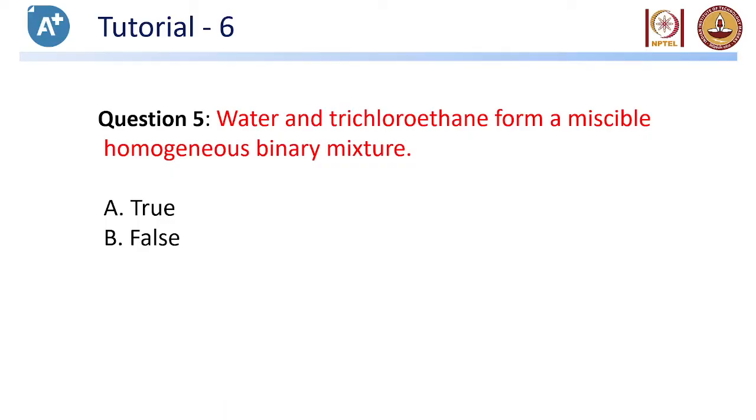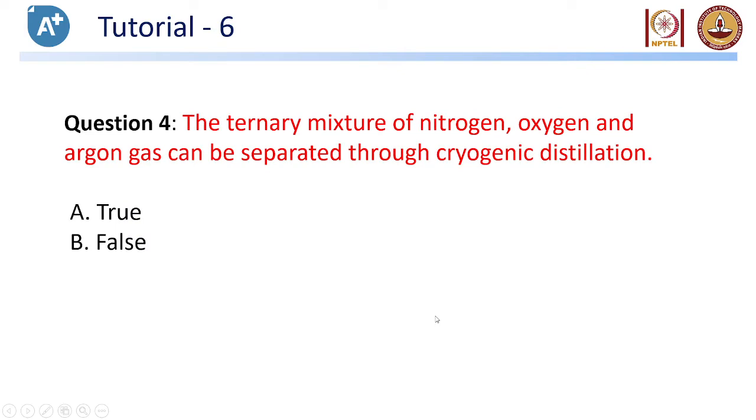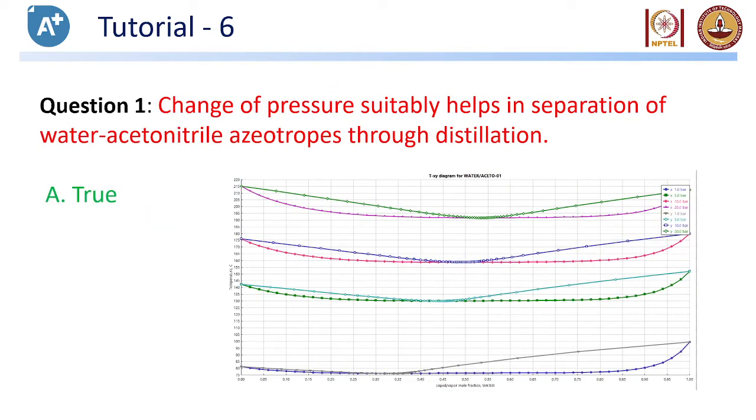A few minutes ago, one student was asking for an example of a heterogeneous azeotrope. Water and trichloroethane actually form a heterogeneous azeotrope, so the answer is false. The shape of the TXY diagram for a heterogeneous azeotrope will be of this sort, while the homogeneous azeotrope I showed previously will be of this sort.